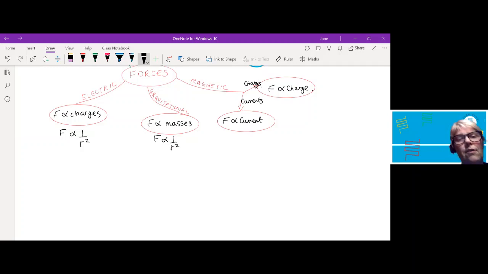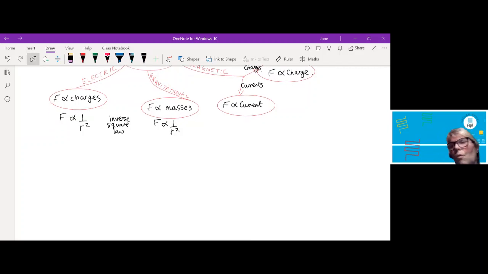So we call this the inverse square law. It's much like a light bulb shedding out its light radially, and it gets dimmer further away, and it's the same with the force. From a point charge or a point mass, the force will radially get weaker and weaker further out.